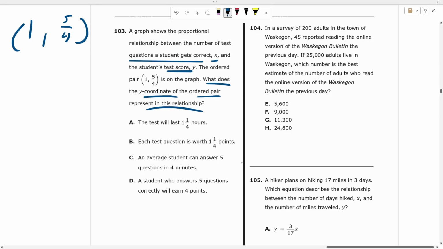So we know that there's a relationship between the number of test questions the student gets correct, X, and the student's test score, Y. So we know that the 1 is the number of questions correct, and this is the student's score.